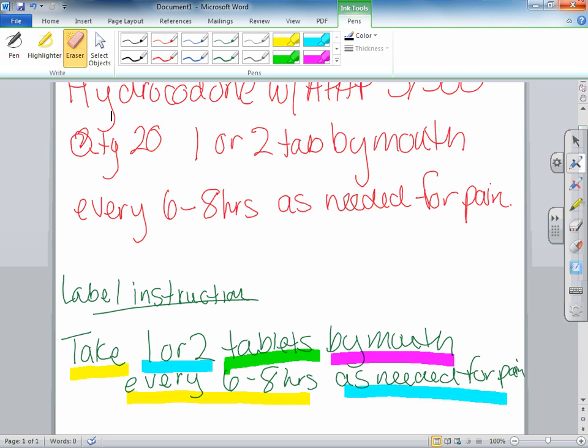My prescription interpretation shall read Premarin 0.625 milligrams, quantity 30, 1 tablet by mouth daily at approximately same hour. My label instruction will read, again, for the patient to understand, in a complete sentence: take 1 tablet by mouth daily at approximately the same hour each day.